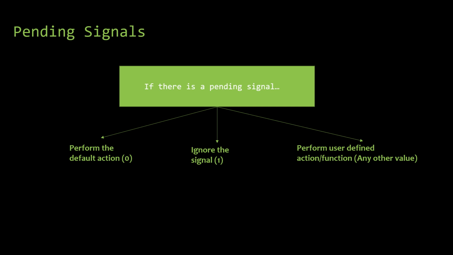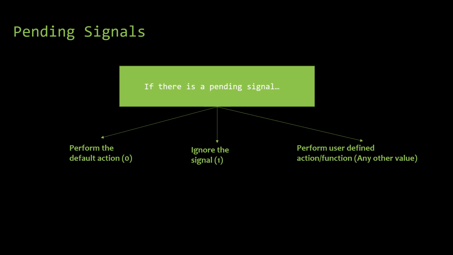So whenever there is a pending signal, there are three actions that can be taken. First, we can perform the default action of that signal, represented by 0. We can choose to ignore that signal, represented by 1, or we can perform any user-defined action or function, which can be represented by any other value.